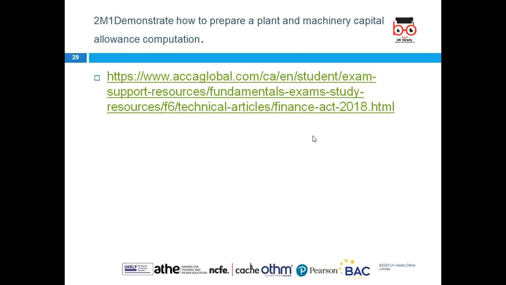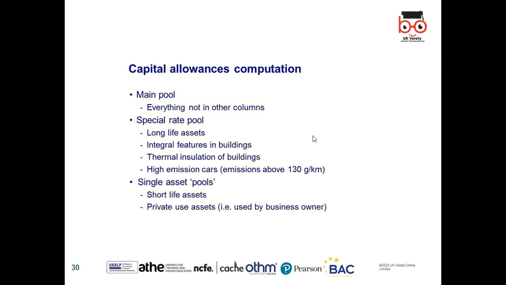So next now we have plant and machinery. Plant and machinery is a capital asset, and we can be entitled to capital allowance. So the capital allowance computation has the main pool, everything else in other columns.